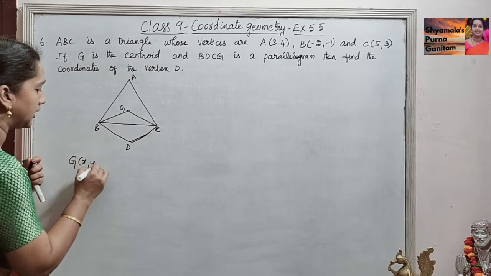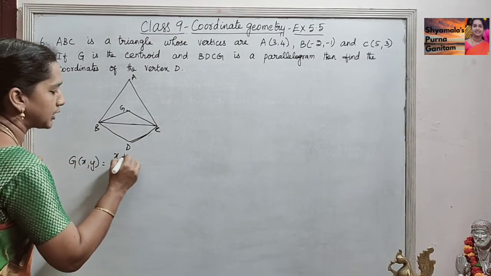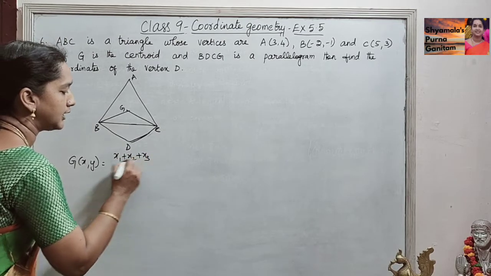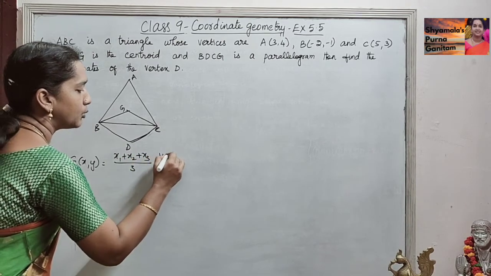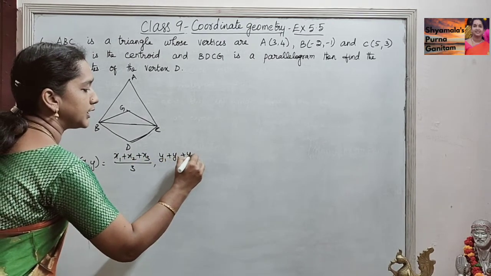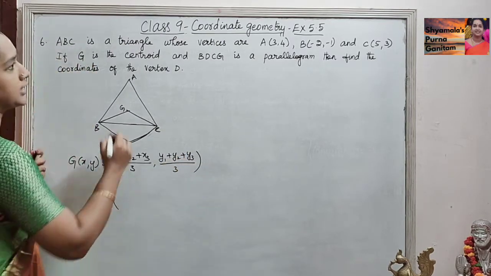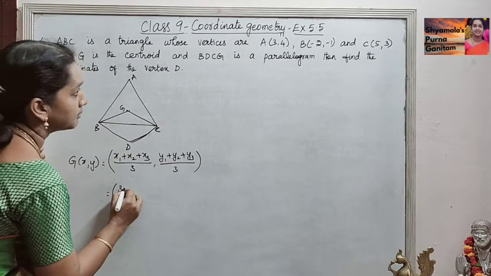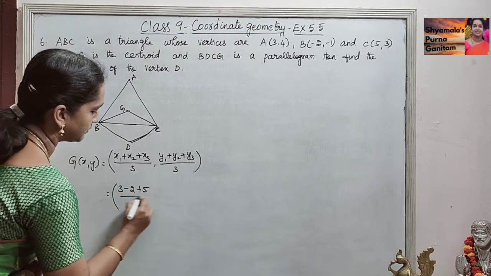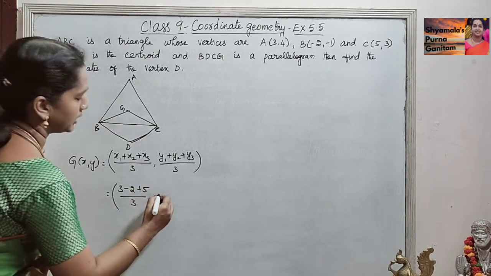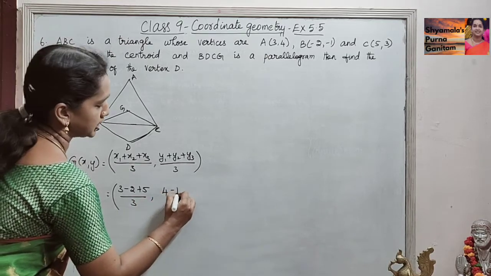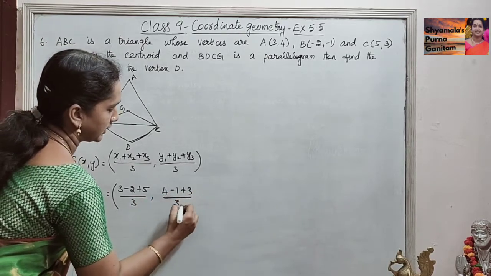G x comma y is equal to x1 plus x2 plus x3 by 3 comma y1 plus y2 plus y3 by 3. So x1, x2, x3 is 3 minus 2 plus 5 by 3 comma y1 is 4 minus 1 plus 3 by 3.